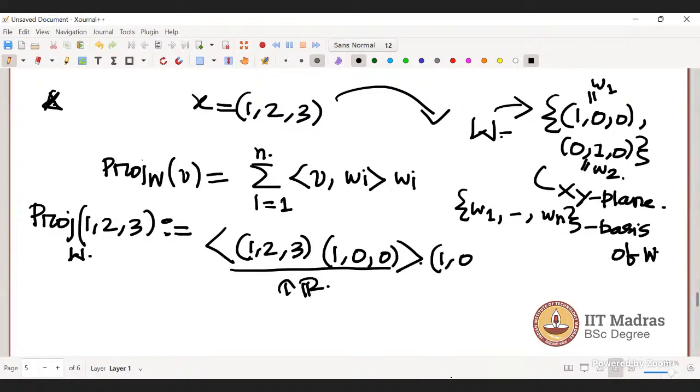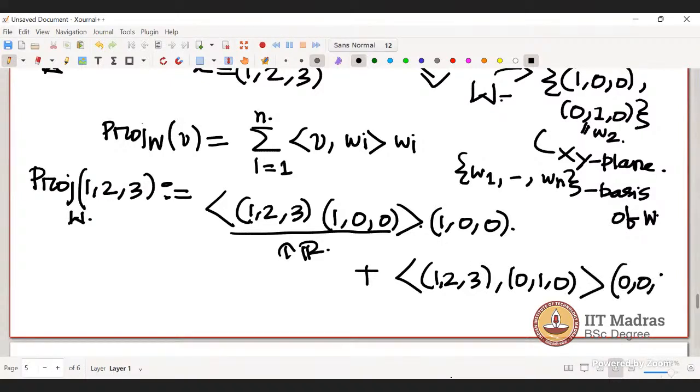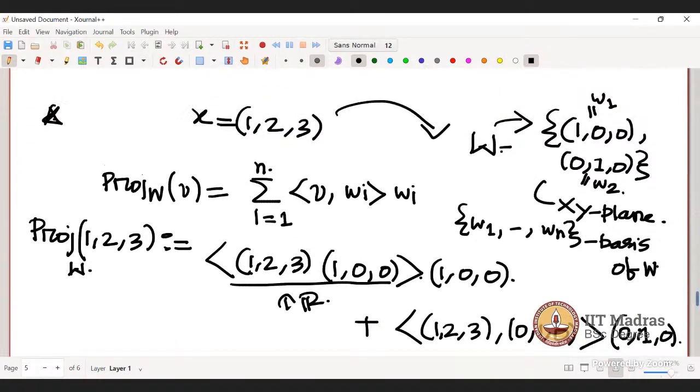I have to multiply it with (1, 0, 0). Again, I have to do the same thing with respect to W2: inner product of (1, 2, 3) with (0, 1, 0), times (0, 1, 0), right?